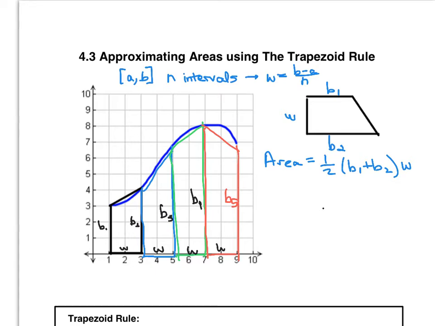So what we'd like to do is then add together these trapezoids. So that tells me that the area is going to be approximately equal to trapezoid number 1 plus trapezoid number 2 plus trapezoid 3 plus trapezoid 4.